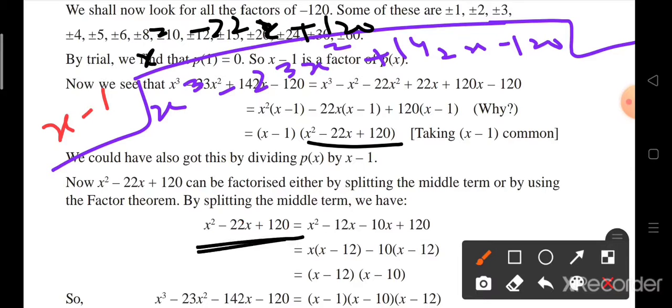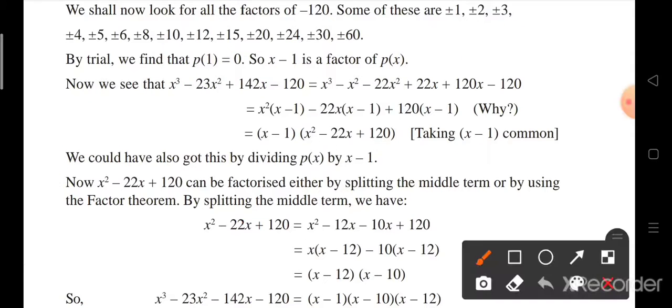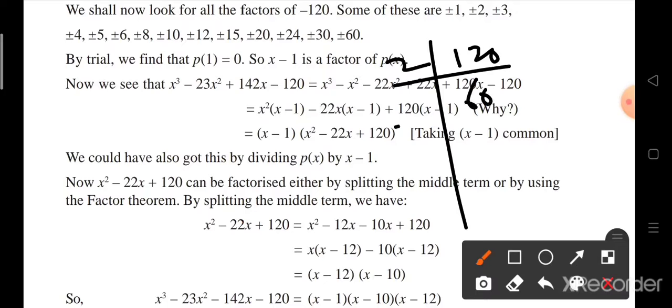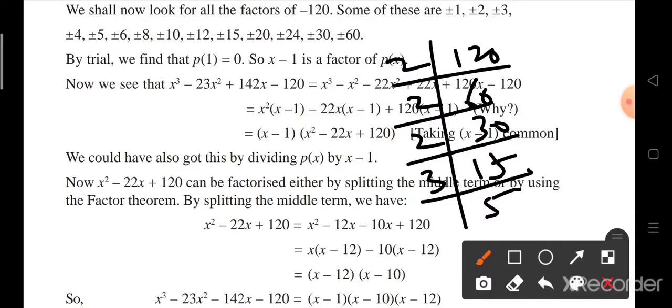So for splitting the middle term, we take the factors of 120 first. The factors of 120: 2 into 60, 2 into 30, 2 into 15, 3 into 5 and 5 into 1. You have to split them in such a way that the product will be 120, and when we add them we should get minus 22.